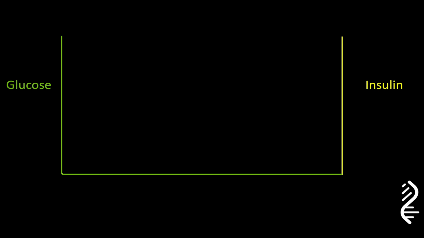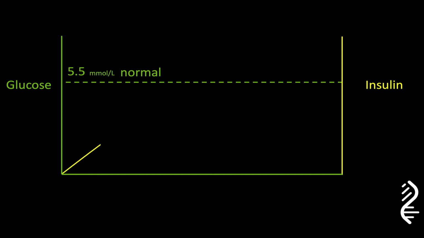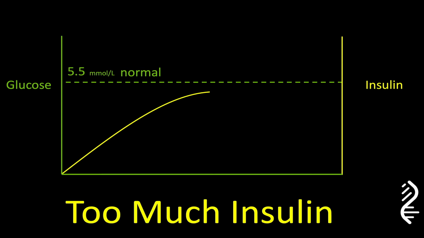If we look at it from a graph perspective, we see glucose versus insulin over time. There's our normal fasting blood sugar of 5.5 millimoles per liter. And what we have happening during this insulin resistance cycle is higher and higher levels of insulin in order to maintain the same level of blood sugar. Too much insulin.